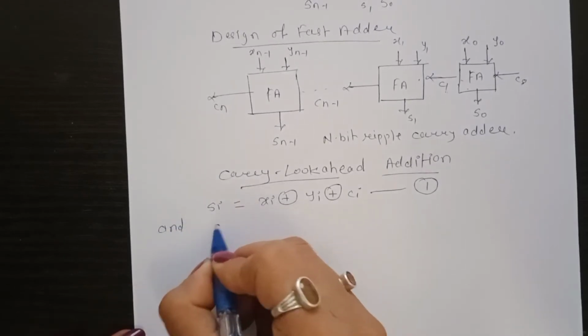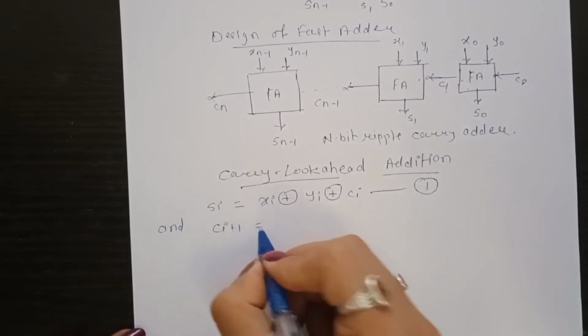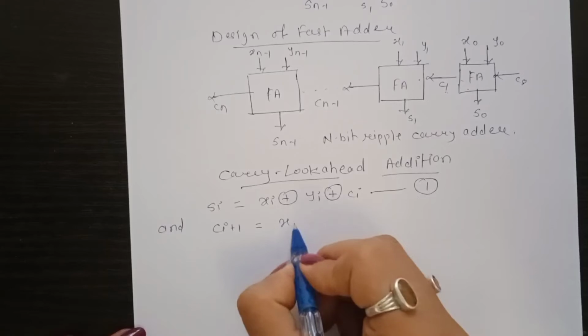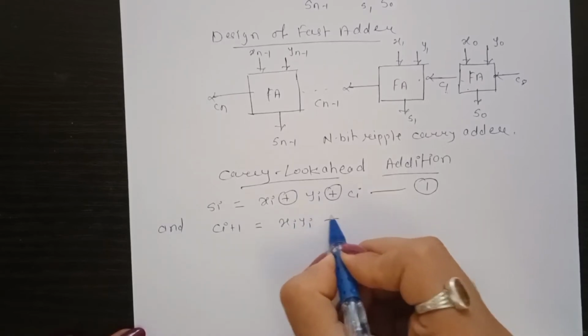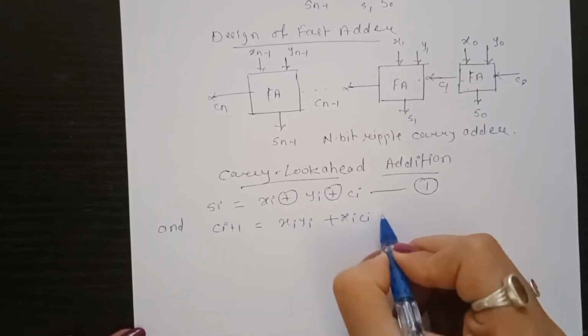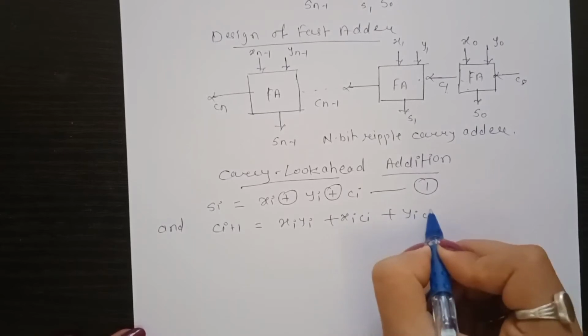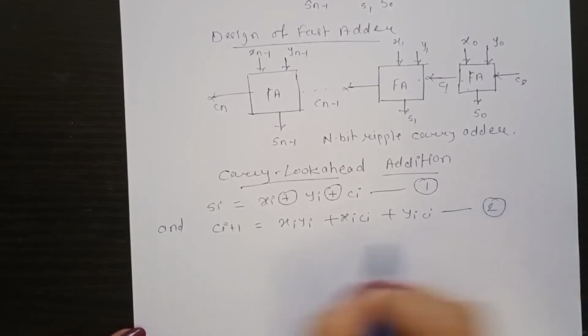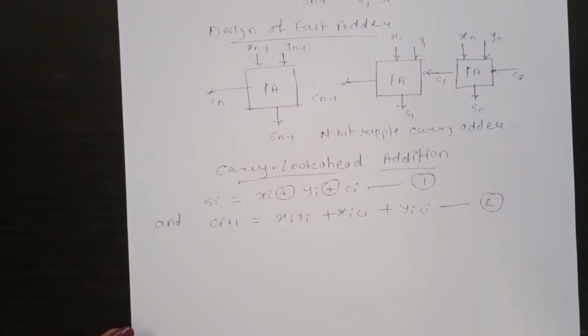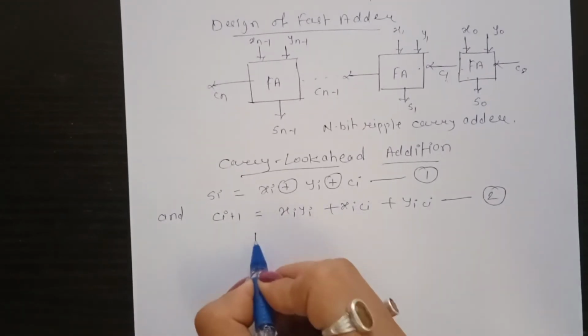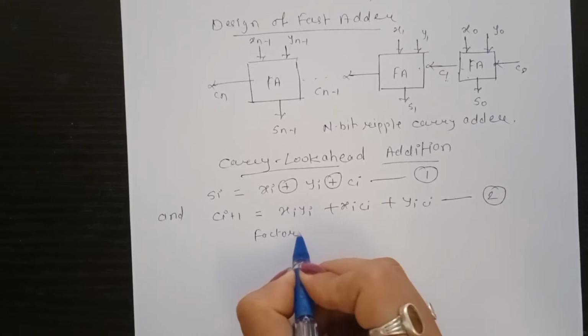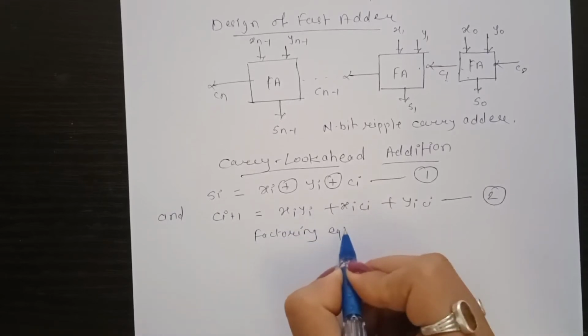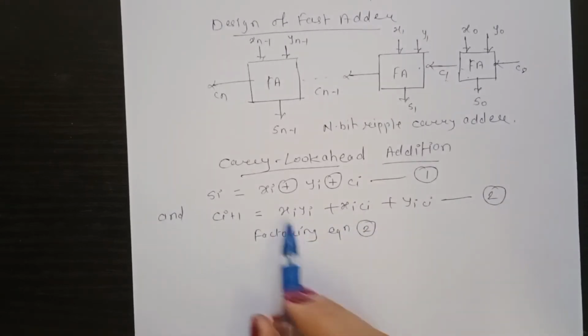And the expression for carry out Ci plus 1 is Xi Yi plus Xi Ci plus Yi Ci, and this is expression number 2. Okay. Now factoring equation number 2.